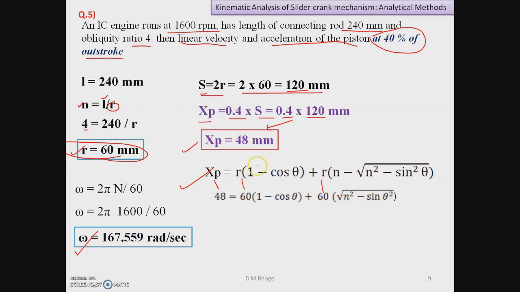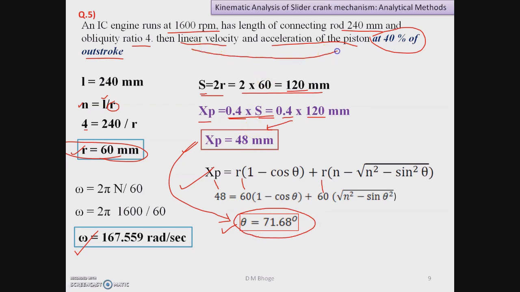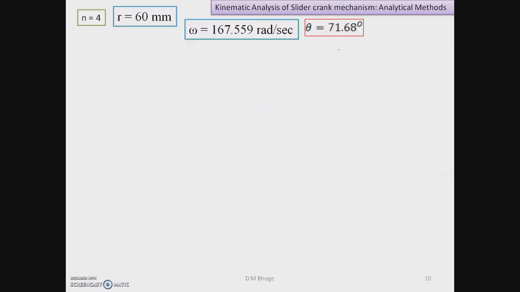By substituting all these values in this equation, we can determine the value of theta, which is 71.68 degrees. So when the piston has traveled 40% of the outstroke length, the corresponding displacement of crank is 71.68 degrees.